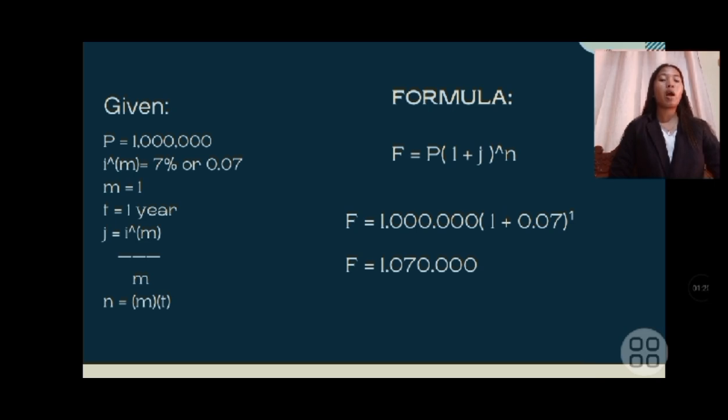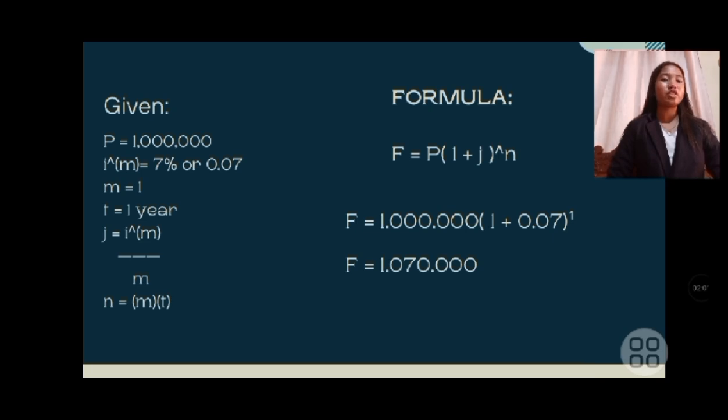So to solve for our j, we simply divide our interest by our conversion period. So 0.07 divided by 1 is 0.07. Therefore, our j is 0.07. And to solve our n, we multiply conversion period times time. So 1 times 1 equals 1. Therefore, our n is 1.